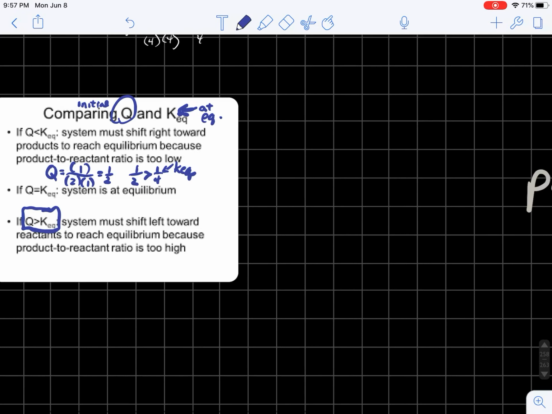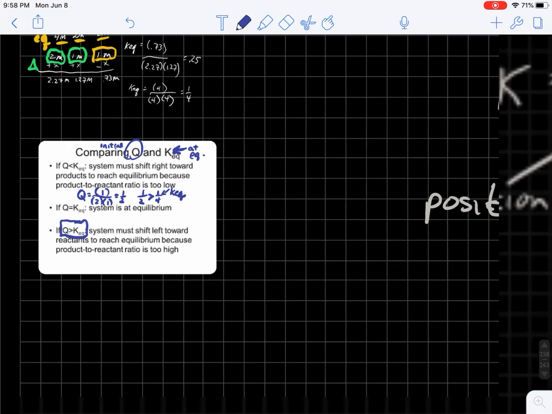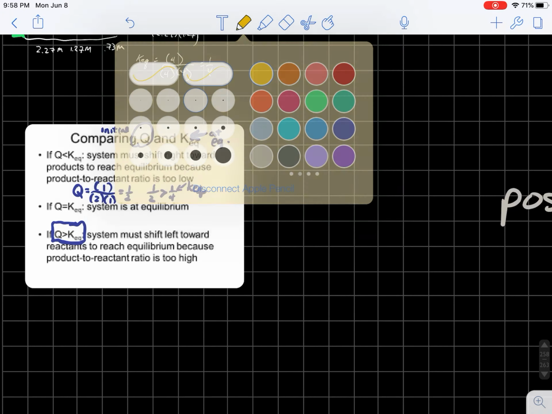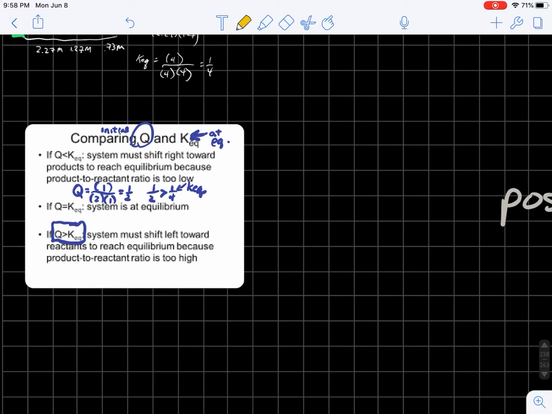So let's say we had something like this. We have a reaction. Let's go back and do our NO2. 2 moles of NO2 produces N2O4, and we know that the KEQ for this is equal to 12.